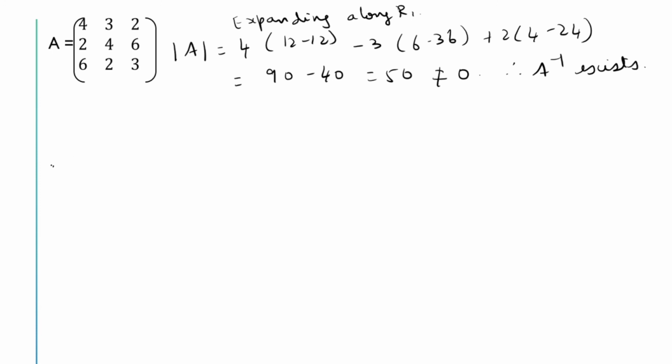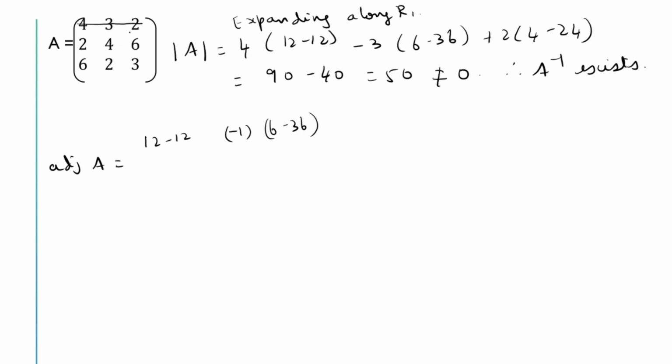Now let us find the adjoint of A. The adjoint of A is the transpose of the matrix containing the cofactors of all these elements. So the cofactor of the first element: eliminate the first row and the first column, so here it is 12 minus 12. Then first row second column with a negative sign, 6 minus 36.